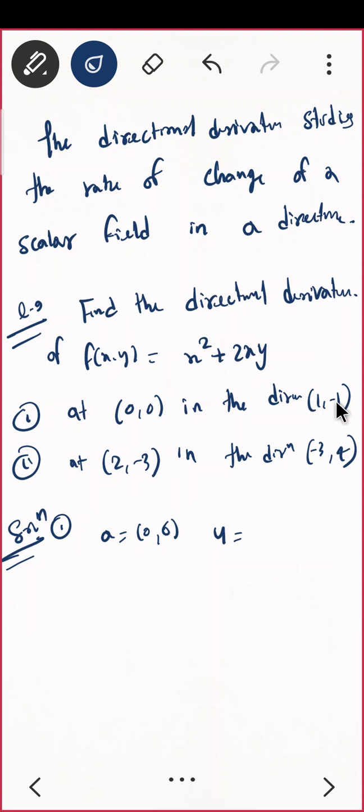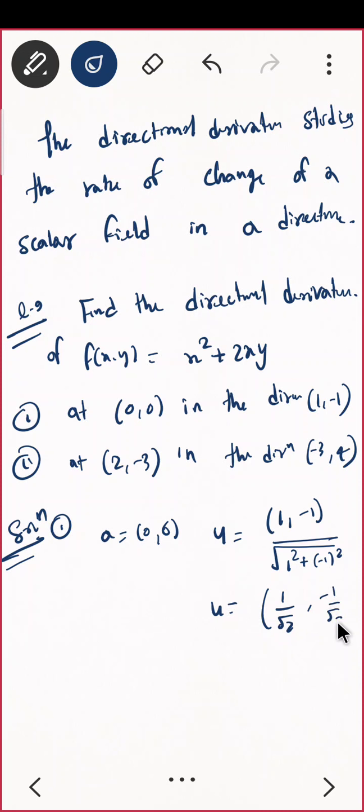How will you make any vector a unit vector? You just divide by its norm. What will be the norm? That is square root of 1 square plus minus 1 the whole square. So u is equal to 1 upon root 2 comma minus 1 upon root 2. This is what you are having as u.